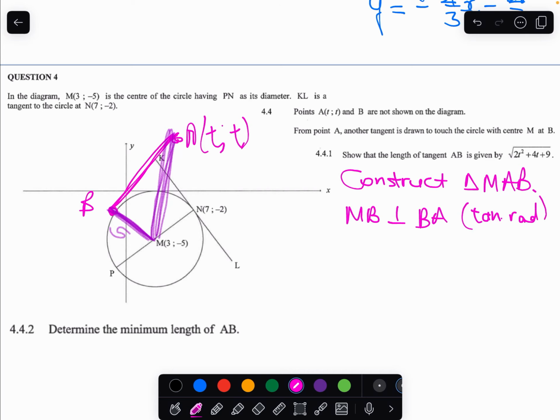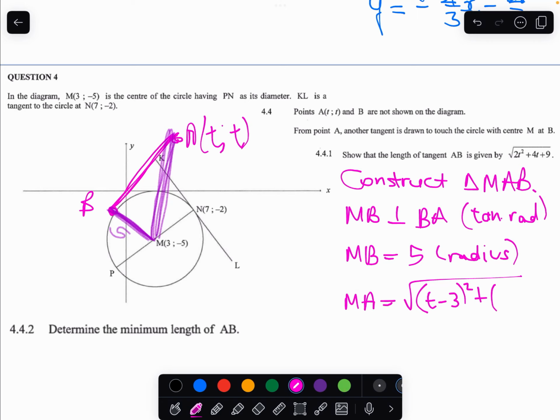Okay, we also know that MB is equal to 5 because it's a radius. And we can work out MA using the distance formula. So that will be (t minus 3) squared plus (t plus 5) squared. I'm just going to leave that as is for now.